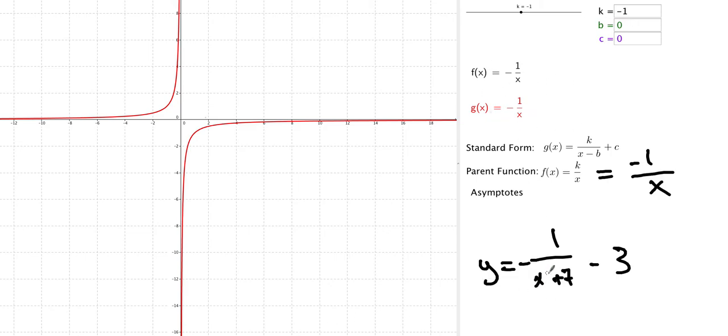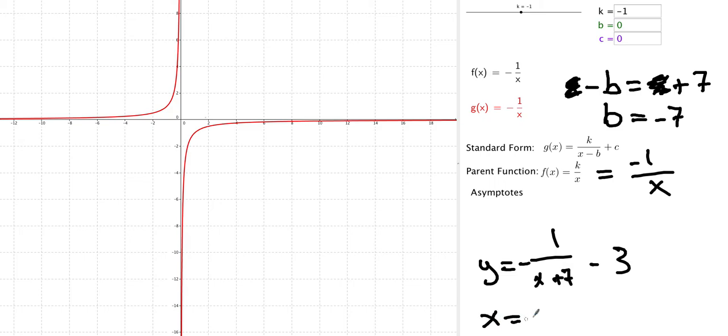Our b value is negative 7. Okay, so we have x minus b, and that ends up being x plus 7 in our case. So what is b? Well, get rid of the x's, and you have negative b equals 7, so b is negative 7. That's one way that you can do it. So b is negative 7 in this case, which means x equals b is our asymptote.